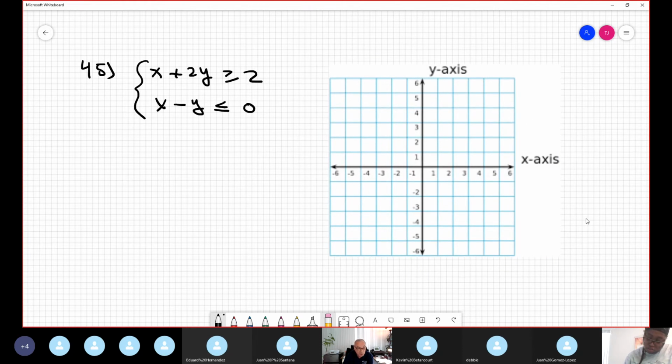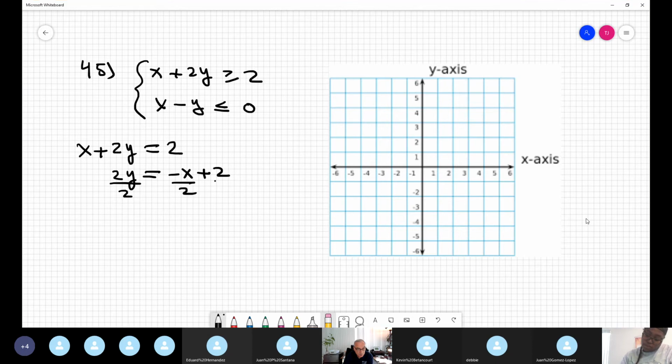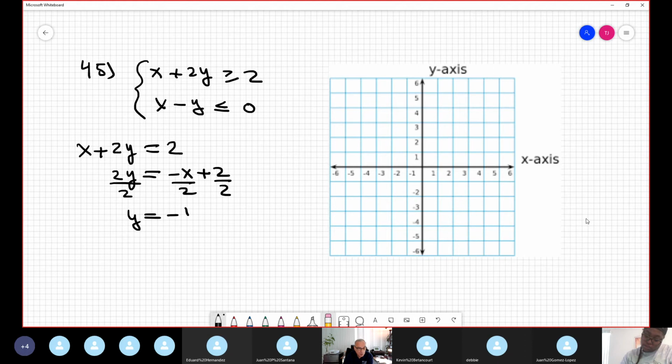By hand is you take the original inequality, convert to equation. So solve for y, divided by 2, y is equal to -1/2 x plus 1. Okay, it's similar, but not exactly the same. The intercept is 1, and 1 unit down, and 2 here.